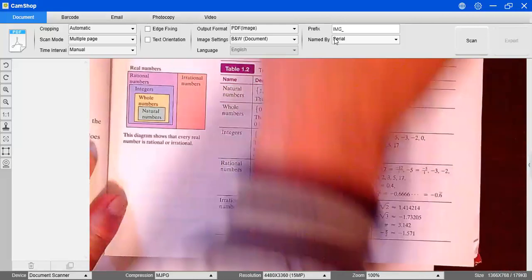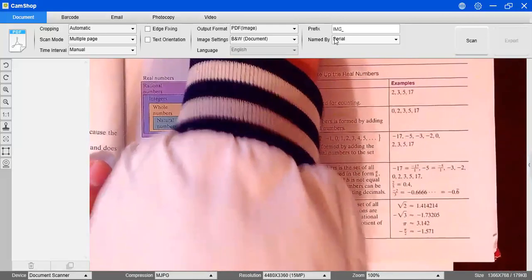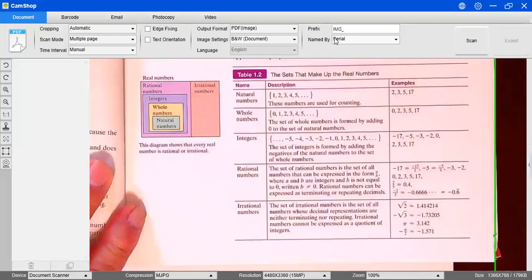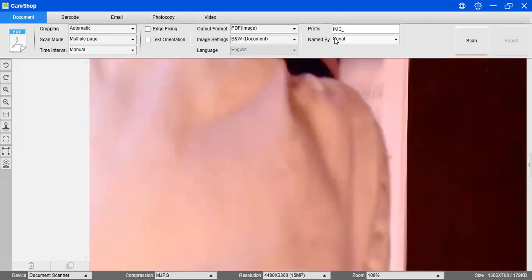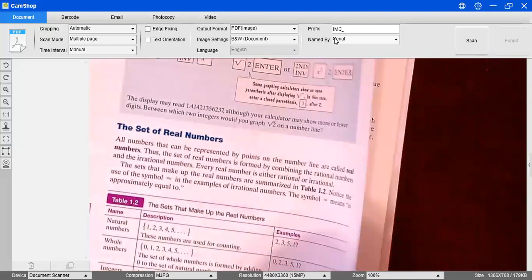This is table 1.2. It's just the sets that make up the real numbers. So natural numbers, some examples in the last column, whole numbers, integers, rational numbers, and irrational numbers. So this is just a summary of what we just mentioned during this lecture.